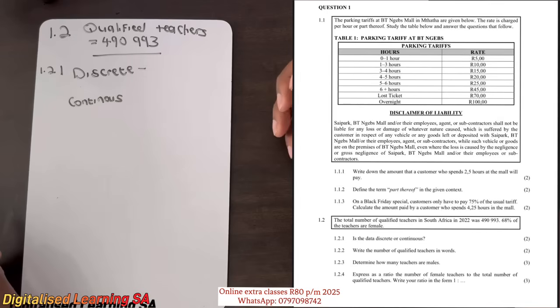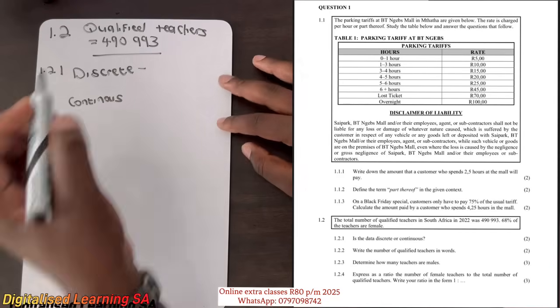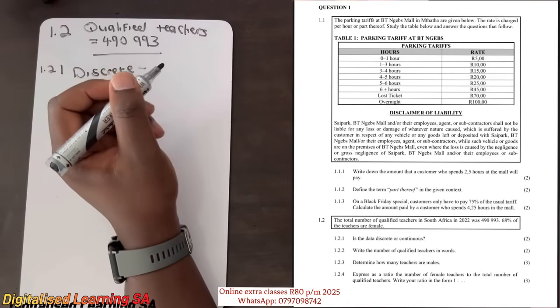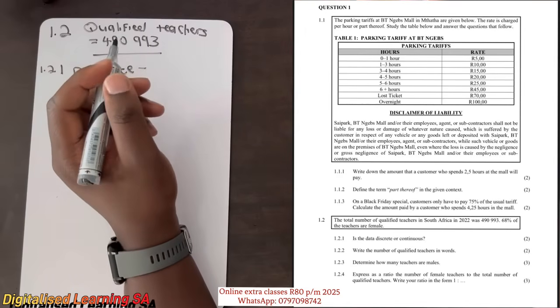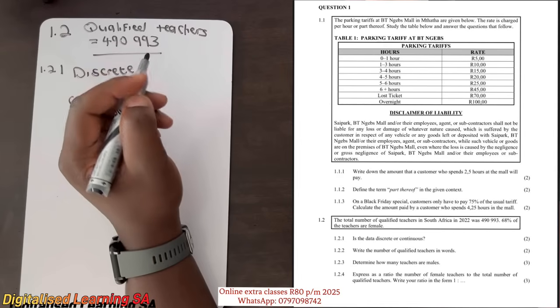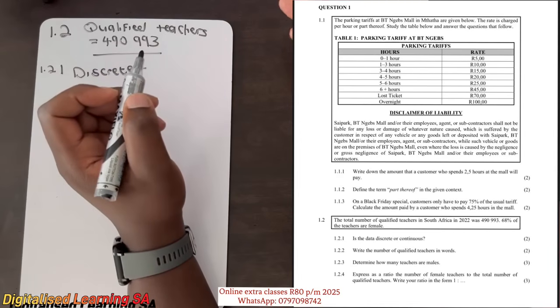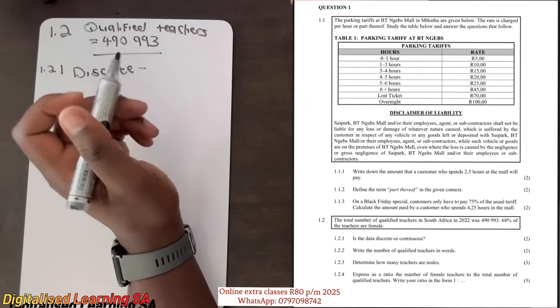In this case, the answer or the data does not need to be in a fraction or a decimal way. What does that mean? It means that it can either be 1, it can either be 10, it can either be 100, 150, but it does not need to be 10.5 or 10.2.